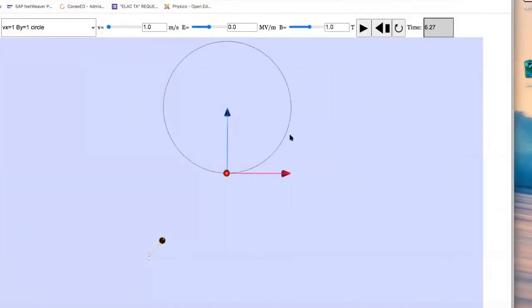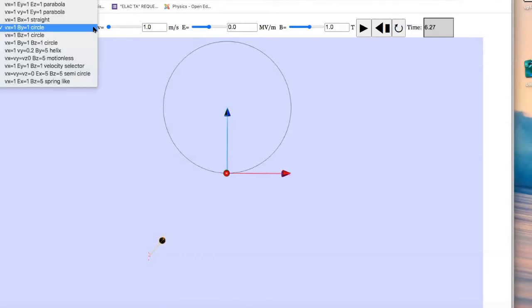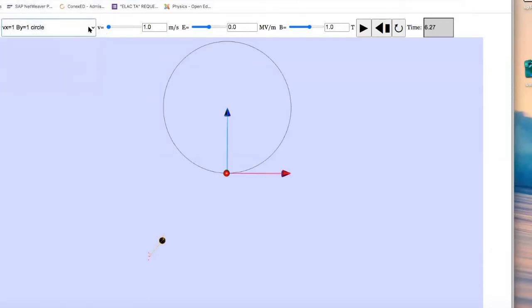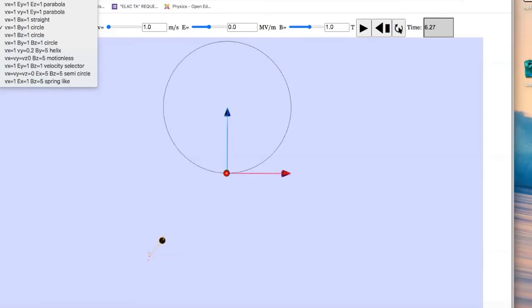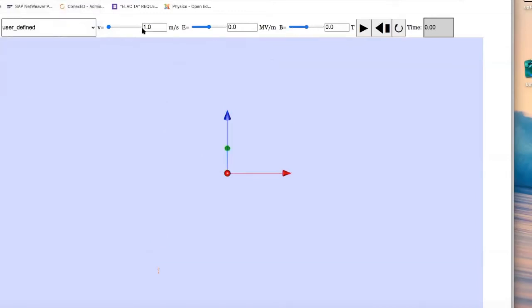This is where it would be nice to do some user-defined. I don't think we can have, yeah, see, when you're on this one, you can't change things too much, but you could go like this, user defined. Then you could say, okay, let V be 1, and then let the B be 2.